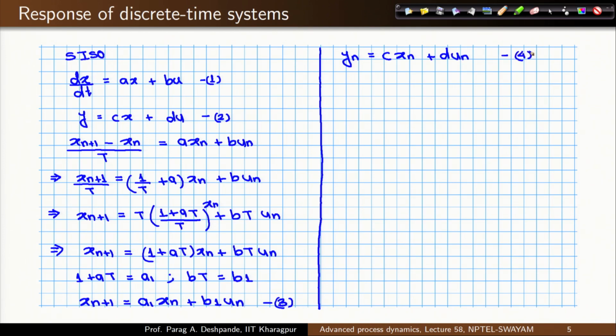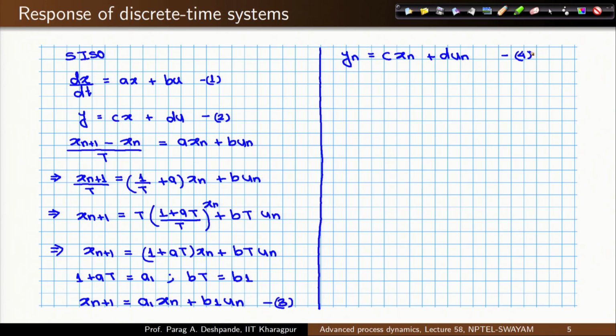So, the value of the output variable at any given instant of time can be obtained by multiplying the value of the dynamical variable at that instant by C, followed by addition of the multiplication of D with the value of the forcing function at that instant.